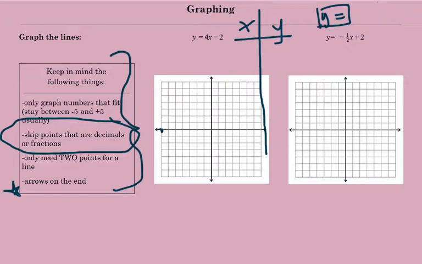For example, let's see. I know you've got 0, 2, and then 1. It's going to say maybe 3/2. I don't want it.